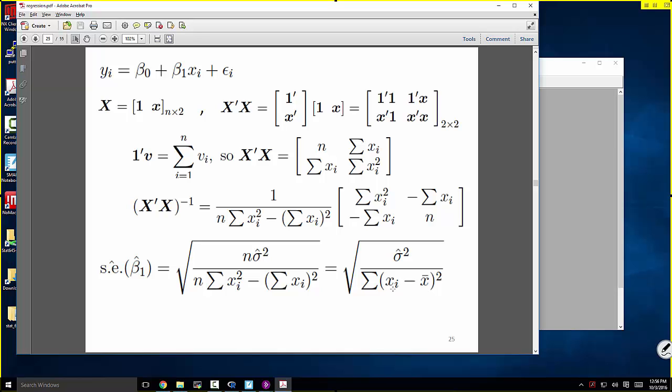If you wanted a sample variance of the x's, you would sum the squared deviations from the mean, and divide by an appropriate number of degrees of freedom. The standard error of beta 1 hat is going to increase when there's bigger residual variance. It's going to decrease when our x's are more spread out.